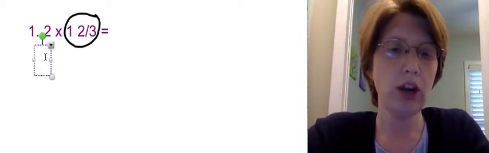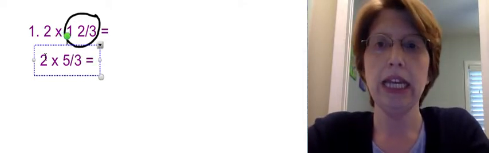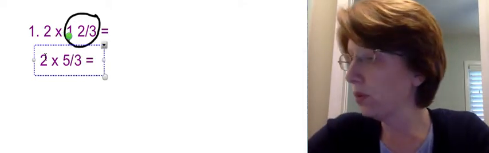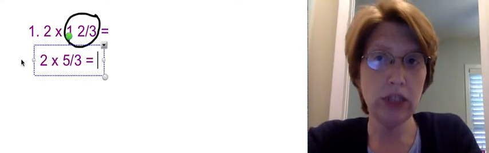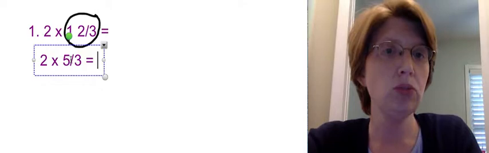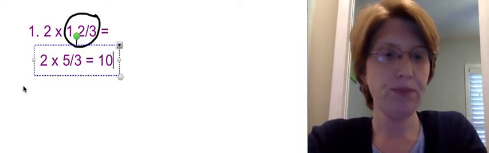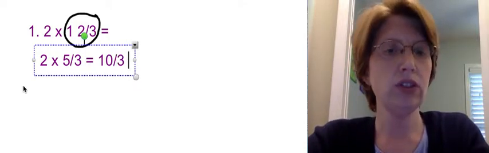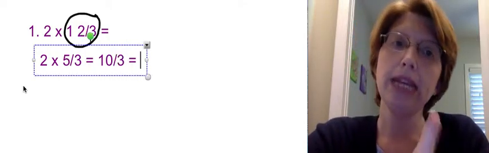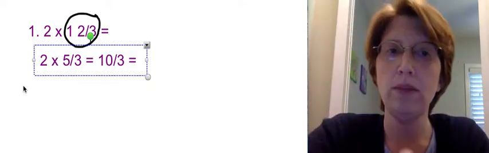So let's rewrite our problem. 2 times 5/3 equals. Now, remember, if we're dealing with a whole number here, we just multiply that times the numerator. So 2 times 5 is 10. Slide over my denominator, 10/3. But I cannot keep it as 10/3. Now I need to change it back into a mixed number.